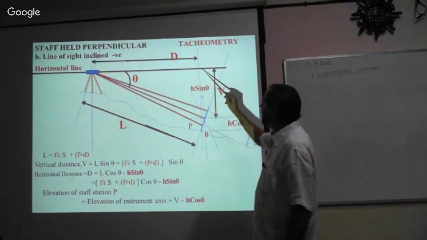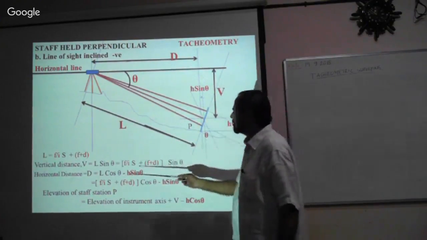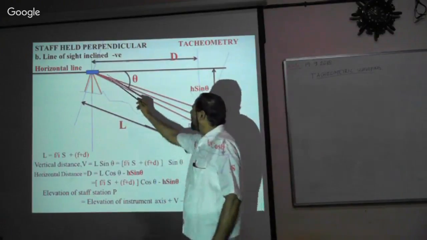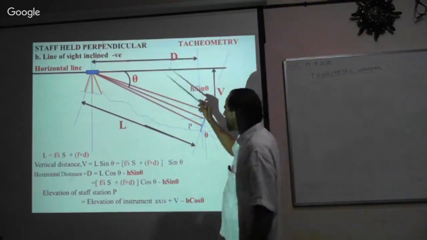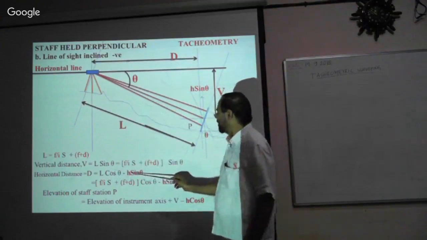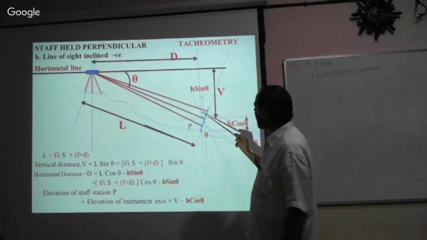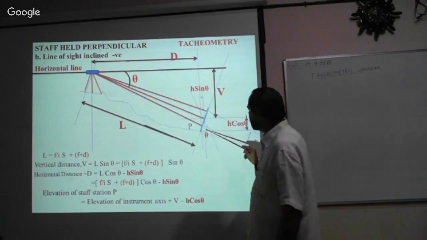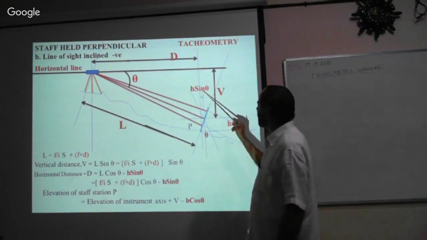L cos theta is known from this triangle, then minus H sin theta. By having this triangle, this distance can be computed. This is the H sin theta.